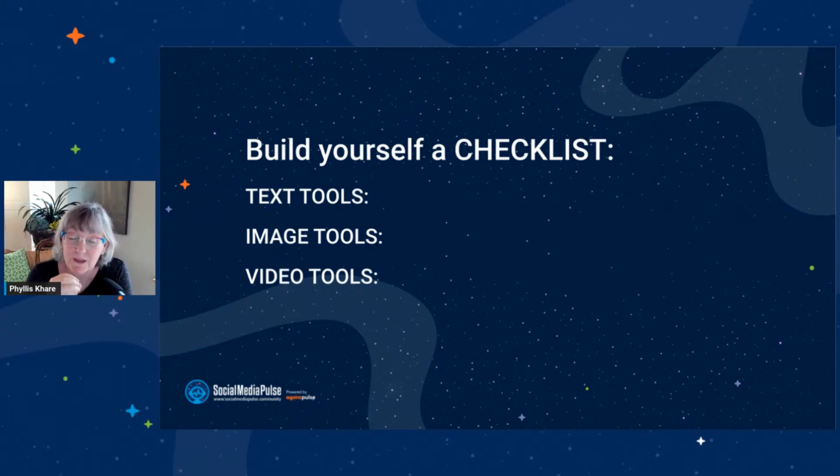So find a tool, dig into it, figure out how it works, and that way you can use AI with some effectiveness. So yeah, that's the mom and grandma in me. Sorry, I had to say it, but that's a super important thing to do.